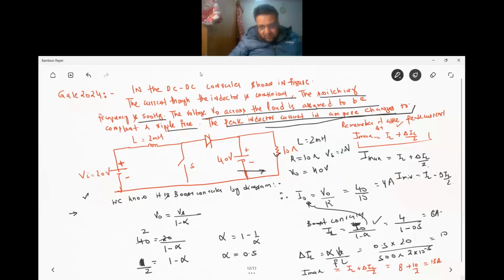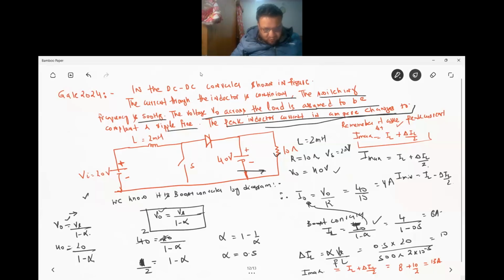So you start with this, you need to calculate the duty ratio alpha. In the boost converter, the equation is simple: V naught is equal to Vs by 1 minus alpha. V naught and Vs are given, so 40 is equal to 20 divided by 1 minus alpha.